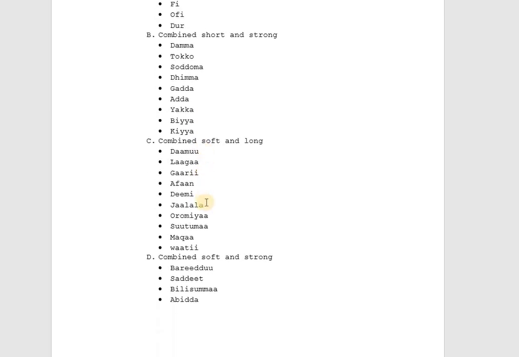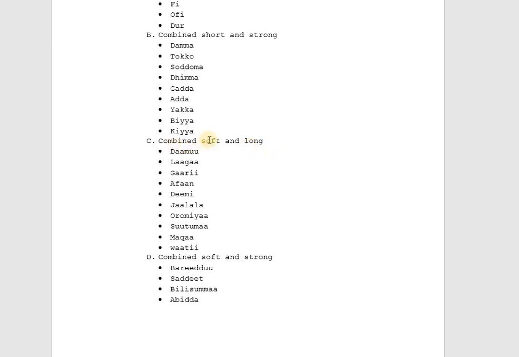Here is another combination. This is soft and long. We can combine these multiple times, three or four times actually. There's no rule, I'm just recapping. Here, soft words are long.